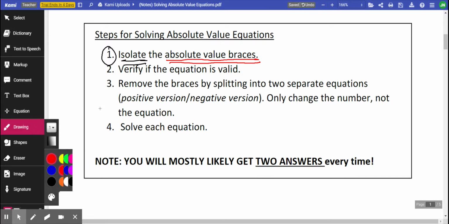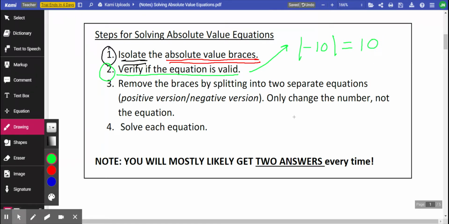Then, second step, verify that the equation is valid, meaning verify that you could actually solve that equation. What I mean by that is, can you take the absolute value of a number, let's say, for example, negative 10, and get anything besides positive 10? The answer is no, right? It can only be positive 10.